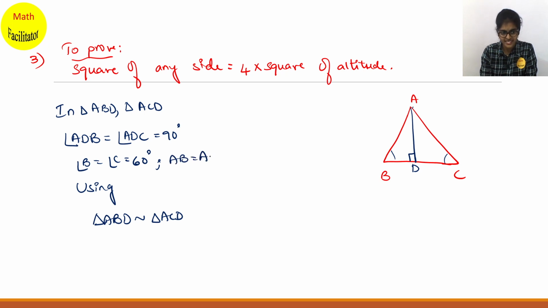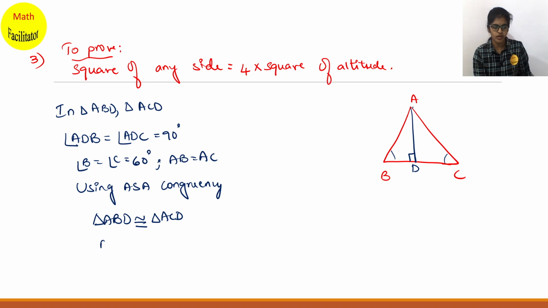AB is equal to AC, since it is an equilateral triangle, the side is also the same. So using ASA congruency, two angles and one side, you can say that these two triangles are congruent to each other. When the triangles are congruent, what about BD? BD is equal to DC. These two sides are also equal to each other.